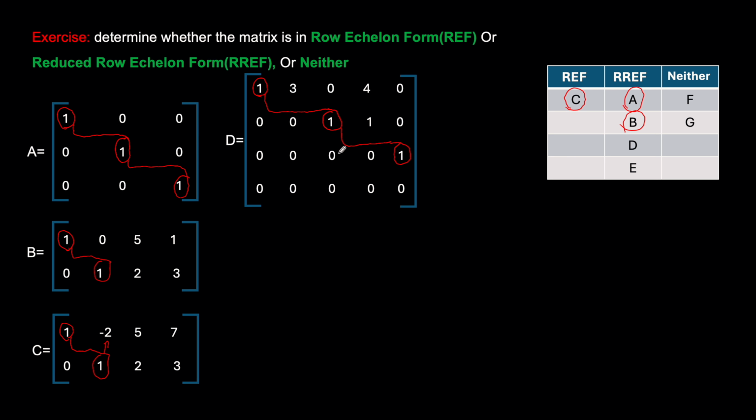Everything above and below is 0, then 1, nothing above, 0 also above, and finally 1 with zeros over it and also zeros below it. So D is in reduced row echelon form.